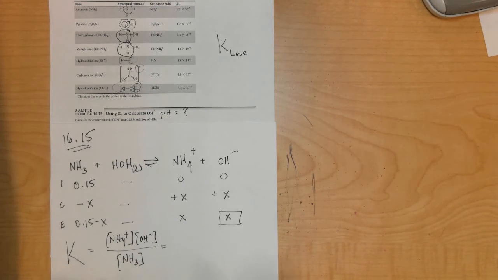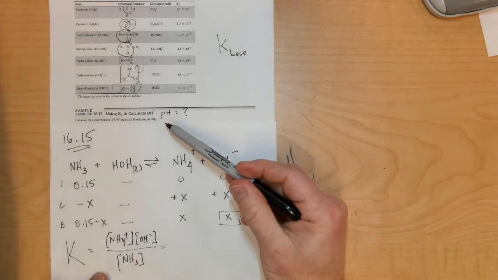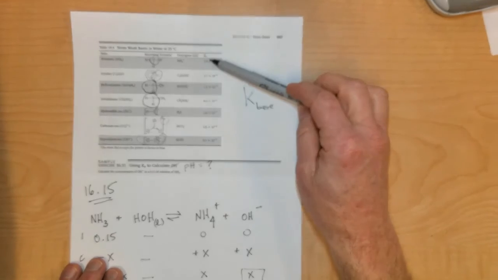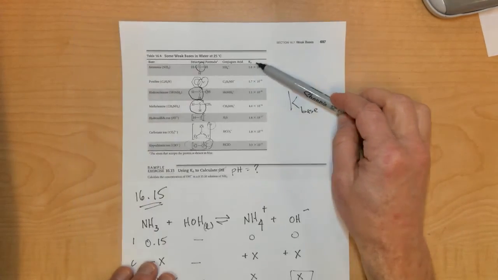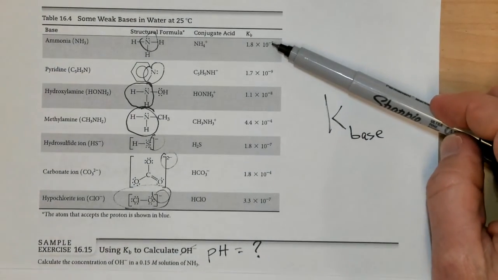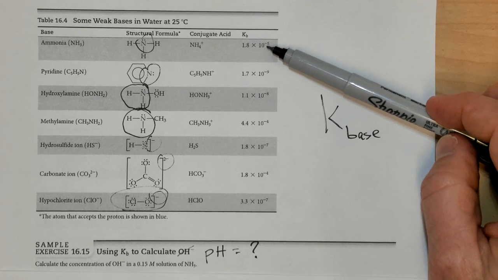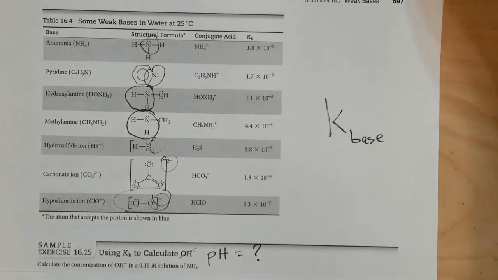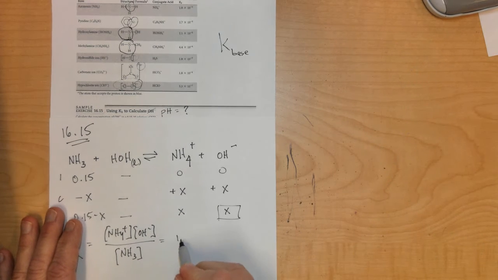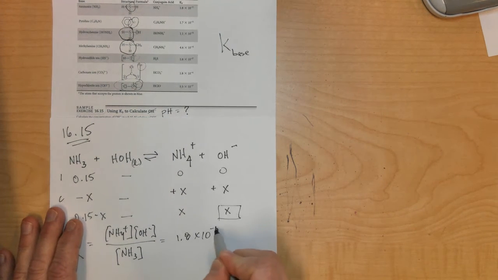And one thing they don't tell you in the question, but they expect you to look up, is to look on a table like this and find the K value. So on here, the K value is given on this chart. There's also an appendix in the back of the book to find what K sub b would be. And for us, for ammonia, it's 1.8 times 10 to the negative fifth.